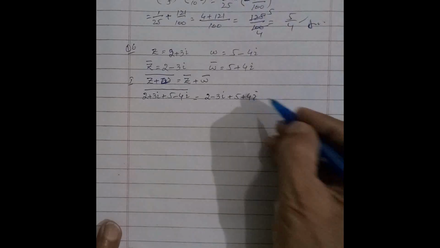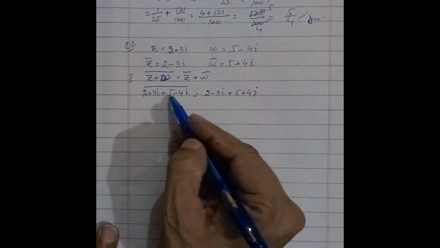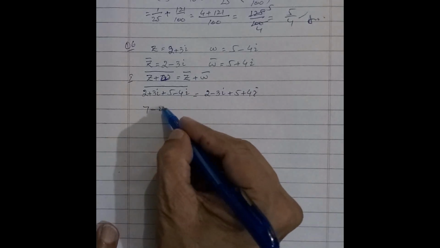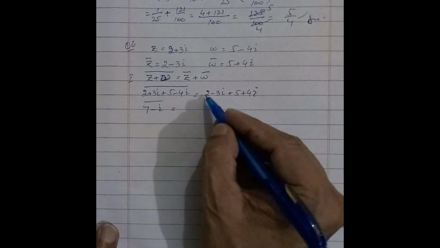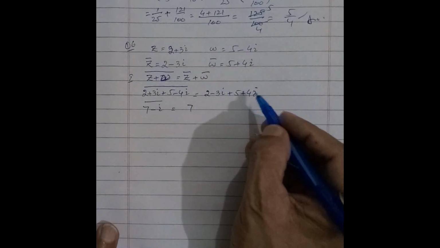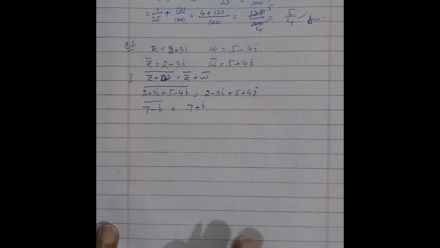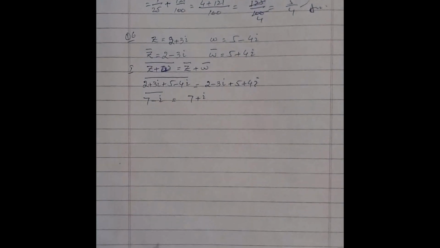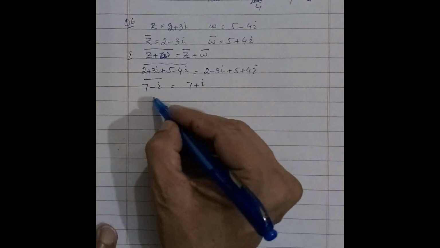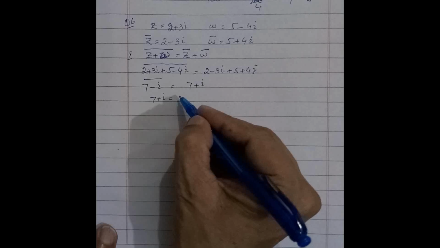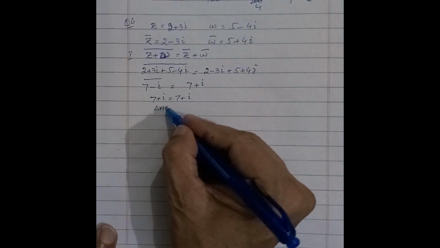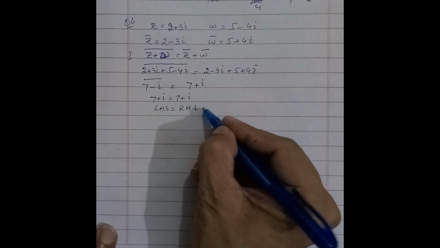Now simplify these values. We have 2 plus 5 is equal to 7, 3 iota minus 4 iota, we have minus iota, bar. On the right, 2 plus 5 is equal to 7, minus 3 iota plus 4 iota, we have plus iota. And on the left side, we take the conjugate of 7 minus iota, which is 7 plus iota, equal to 7 plus iota. So hence, left hand side is equal to right hand side.